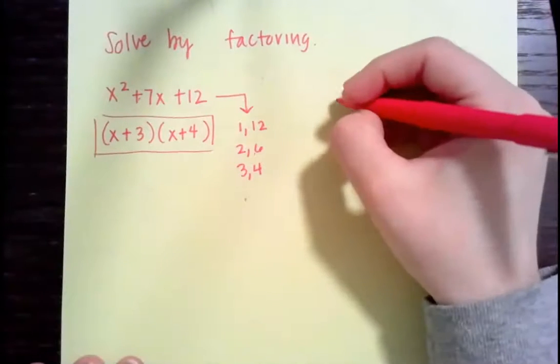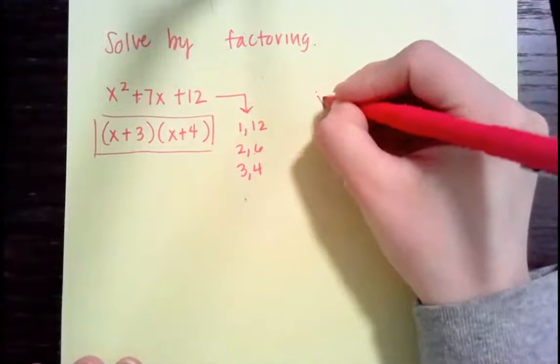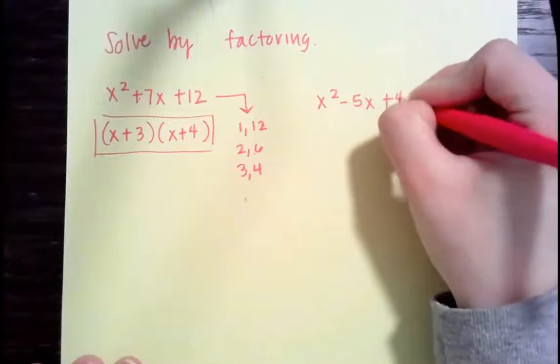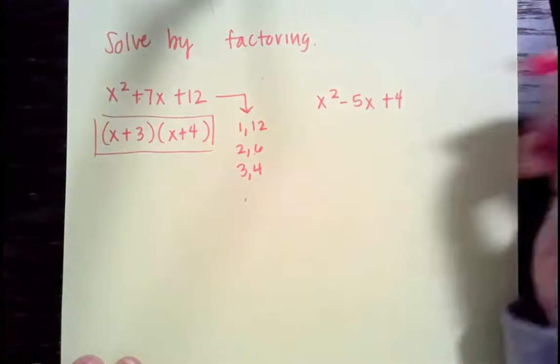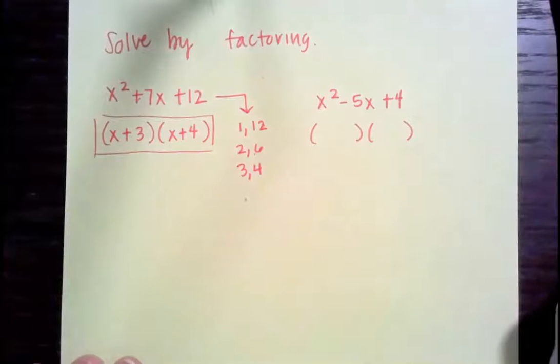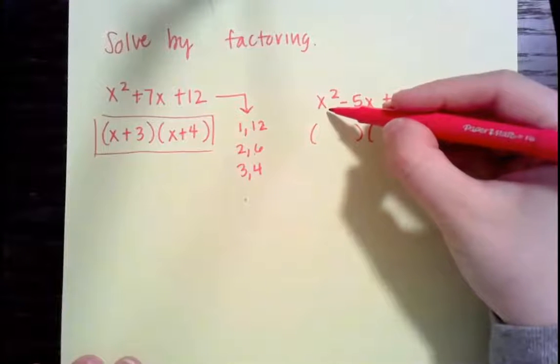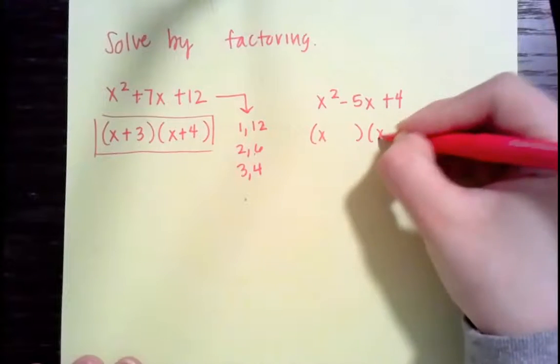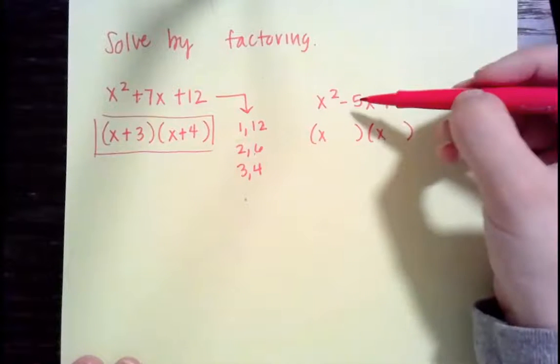Let's do one like this. What if we had x squared minus 5x plus 4? So again, use your two sets of parentheses. In the first spot, we're thinking what times what is going to get me an x squared? Well, that would be an x and an x. Now we're looking at our signs.